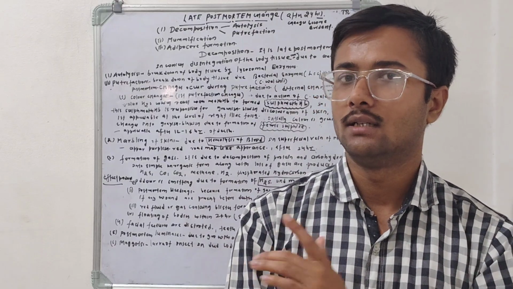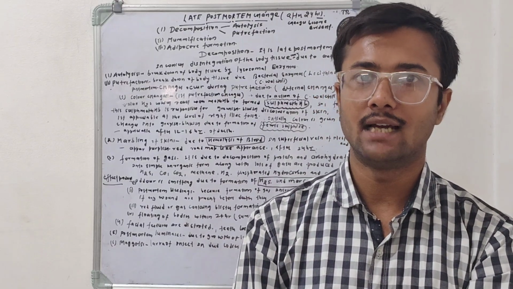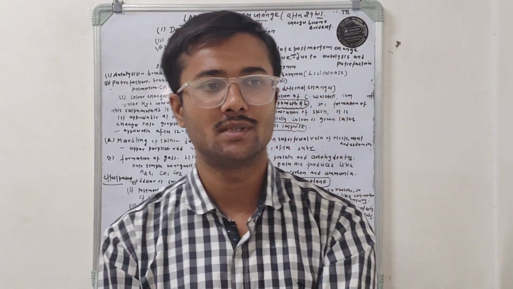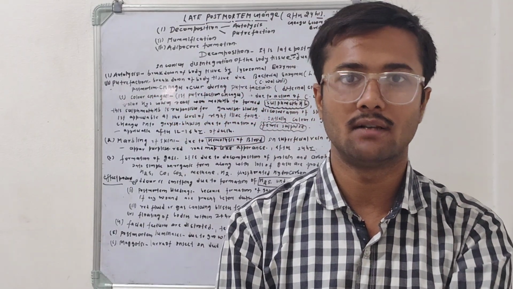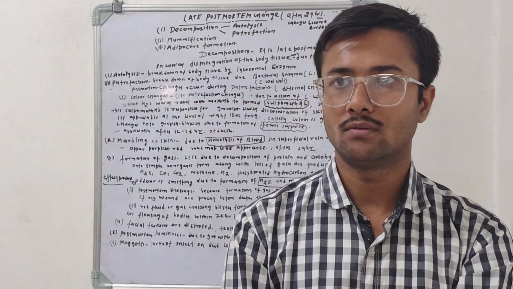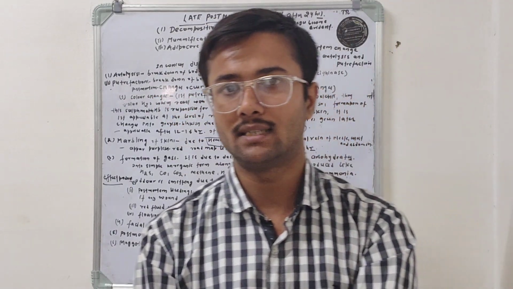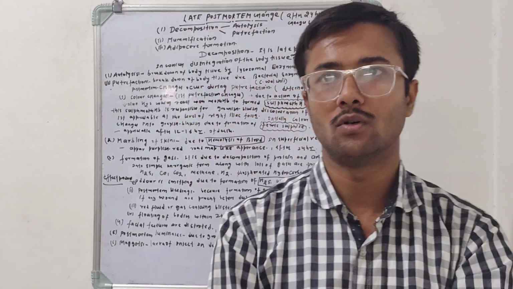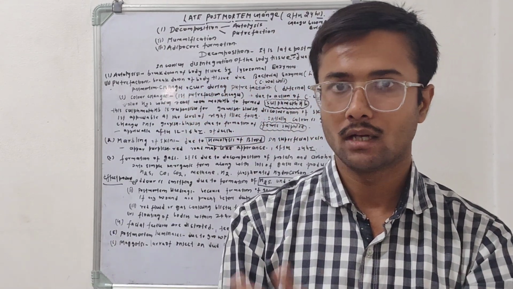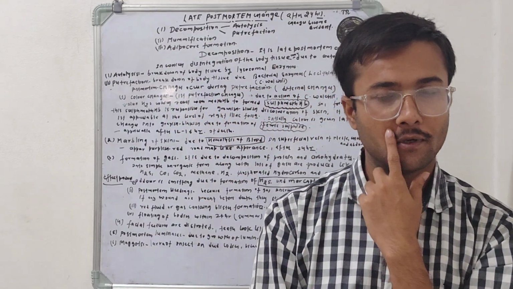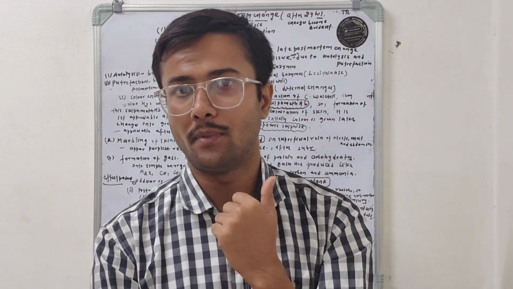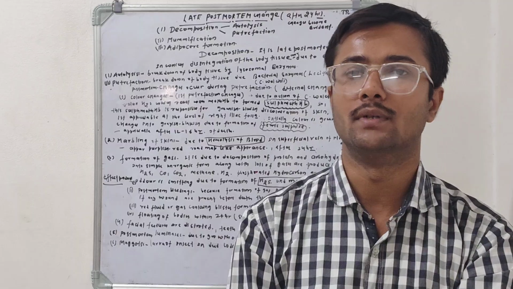So how are bacterial activities responsible for the bluish greenish discoloration? Let's see. The bacteria release, not enzymes, they release the gas hydrogen sulfide. This hydrogen sulfide combines with methemoglobin, and after the combination they form a compound called sulfmethemoglobin.